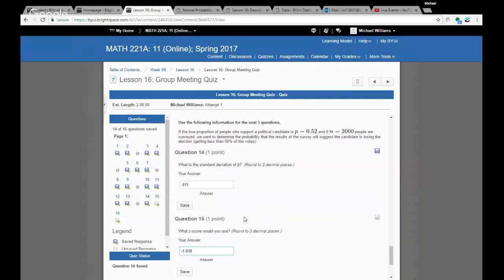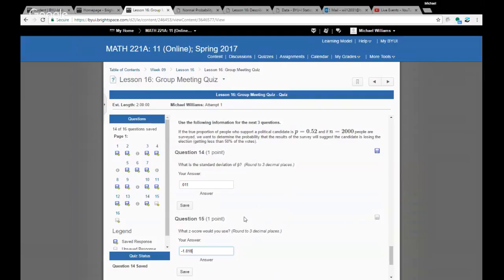So we have the value 0.5 minus 0.52, divided by 0.011. Why is my calculator not doing this right? It could be the order you're putting in your calculator, because if you just type it in, it's going to divide your second number first and then subtract.